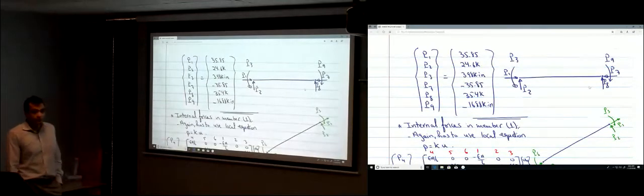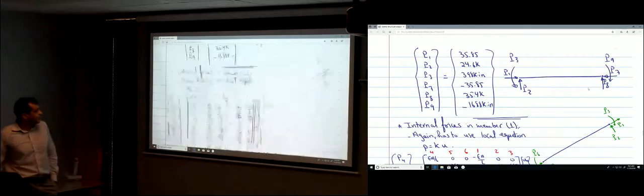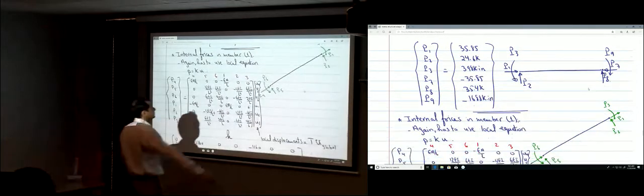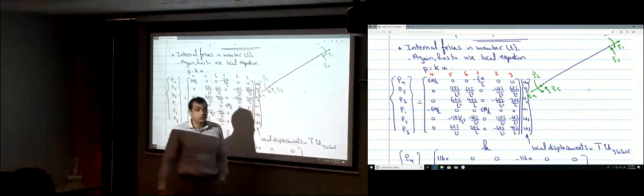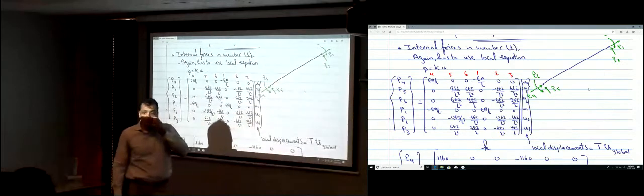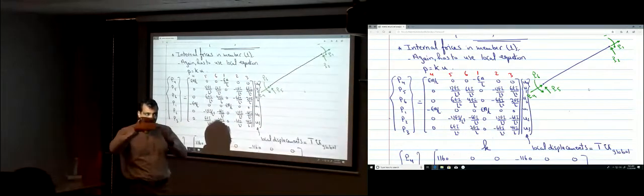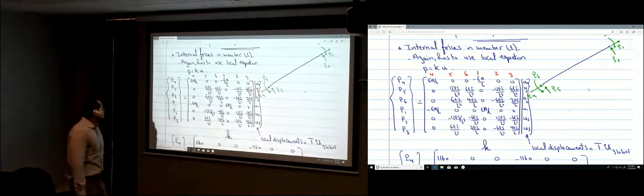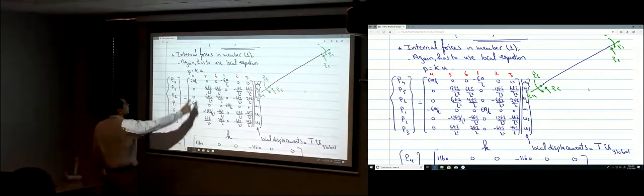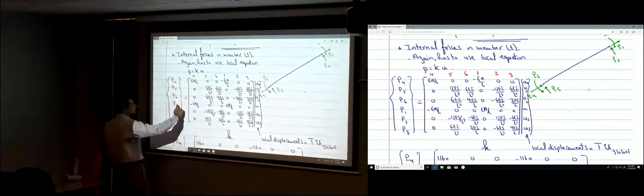That's the moment. Now, to do the same thing for member 1, those are the internal forces, B4, 5, 6, B1, 2, 3. But B1, 2, and 3 are not the same ones as in member 2. Why? Because they are in a different direction. They are in the local direction of the member. So again, write the equation in the local direction, B4, 5, 6, B1, 2, 3.